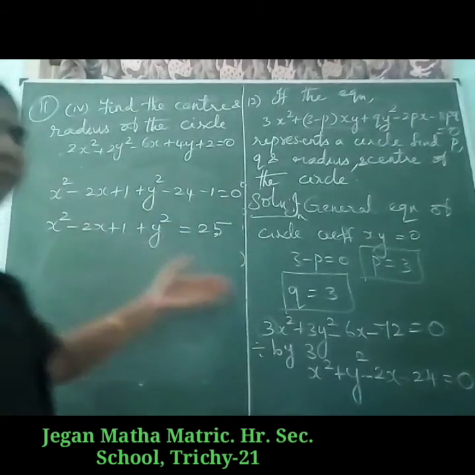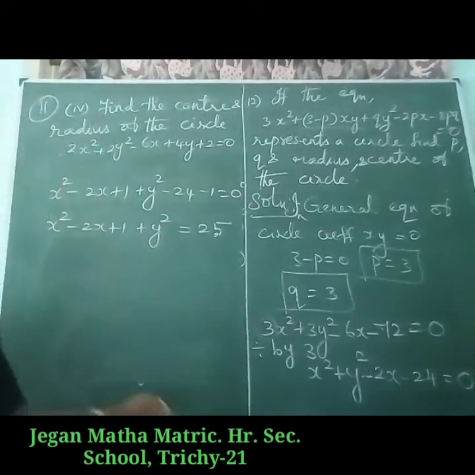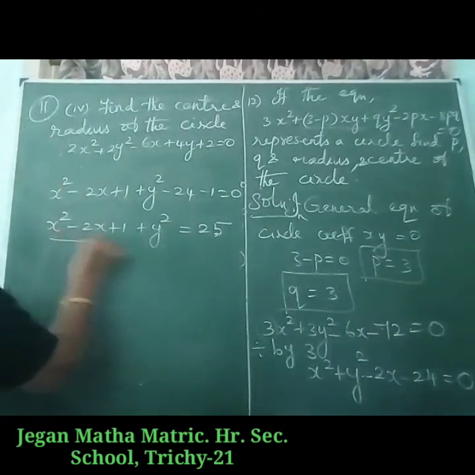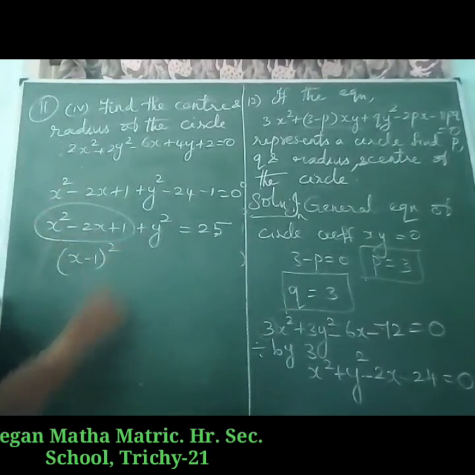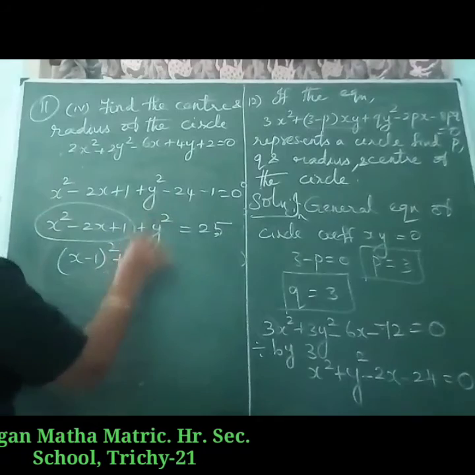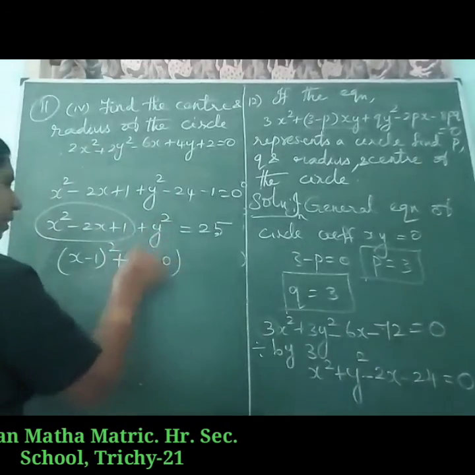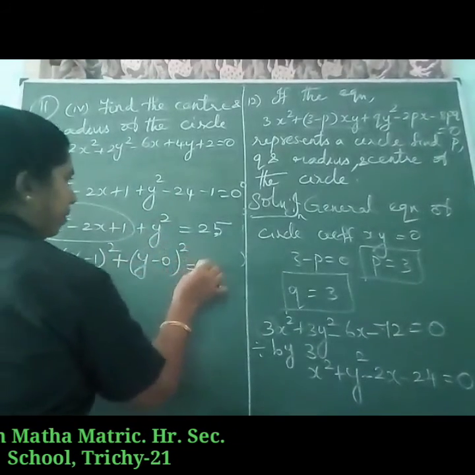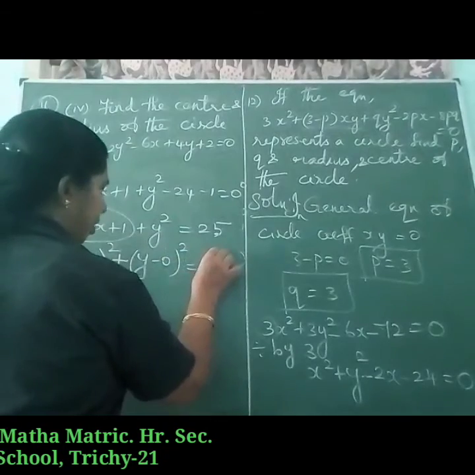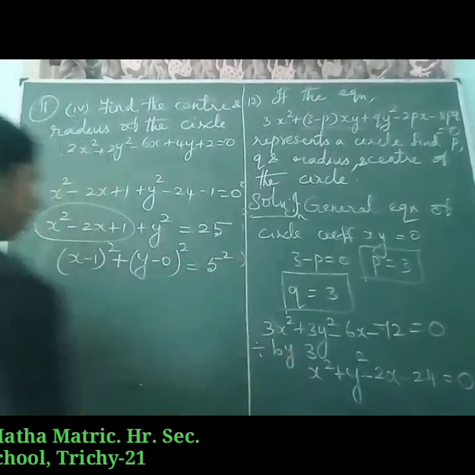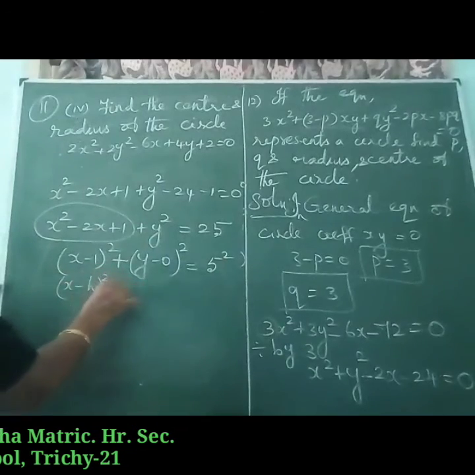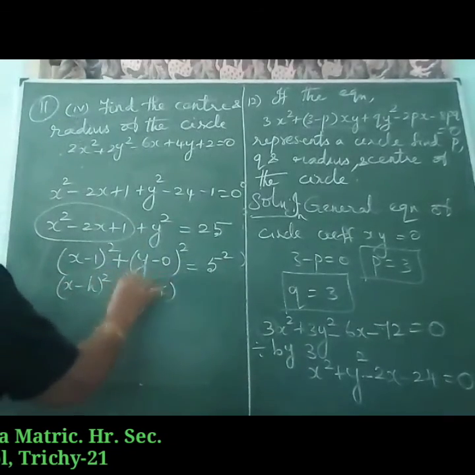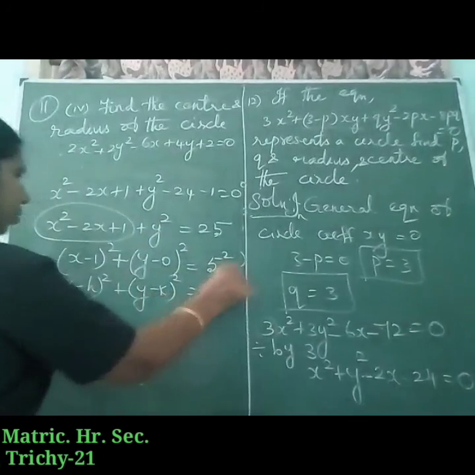This way also you can find out the center and radius. So x square minus 2x plus 1 is x minus 1 the whole square. Plus y square can be written as y minus 0 the whole square, which is equal to 25, that is 5 square, which is in the form x minus h the whole square plus y minus k the whole square is equal to r square.